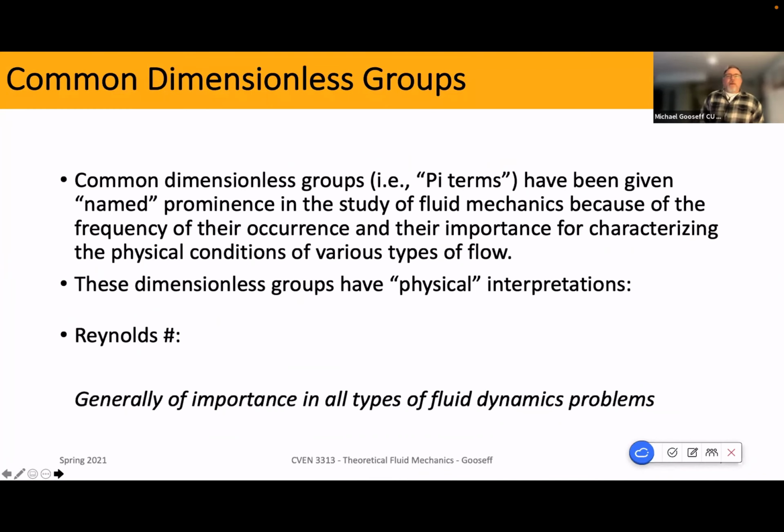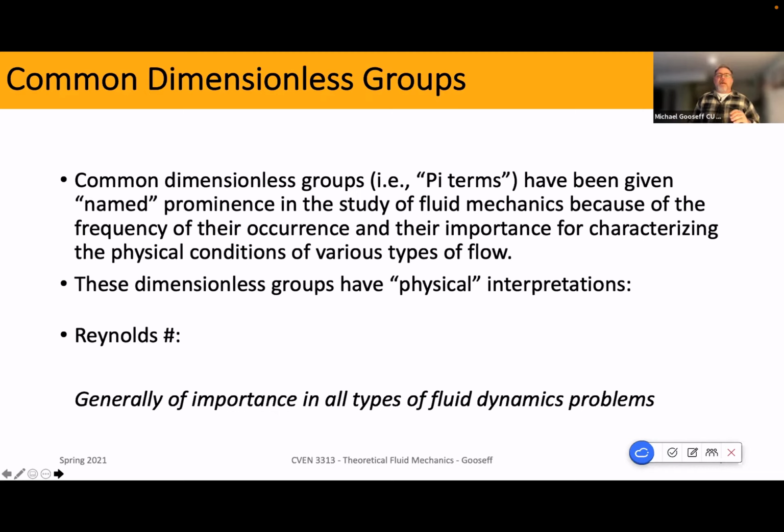Okay. So we've talked a little bit about some particular dimensionless groups, and some of these, of course, looked kind of random in the problems we've worked, maybe with the exception of the Mach number, right? We were told that Mach actually means something when we worked through one of the examples yesterday in recitation. These common dimensionless groups are really pi terms from particular problems, but they are so common that we give them special names, typically after whoever identified them back in the day, and can use them over and over.